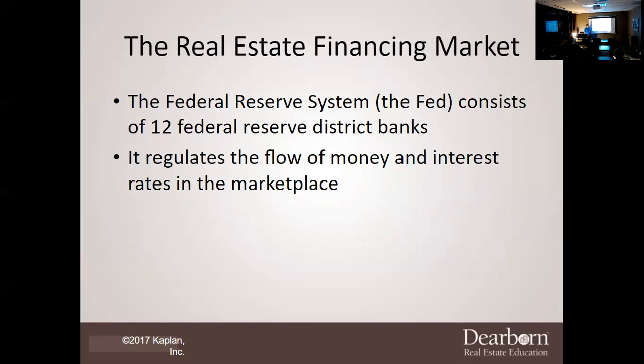You've got to know that. And it regulates the flow of money and interest rates in the marketplace. That's its job. So the Fed handles and controls money. But you need to know that there are 12 districts. They will ask you that on the licensing exam.